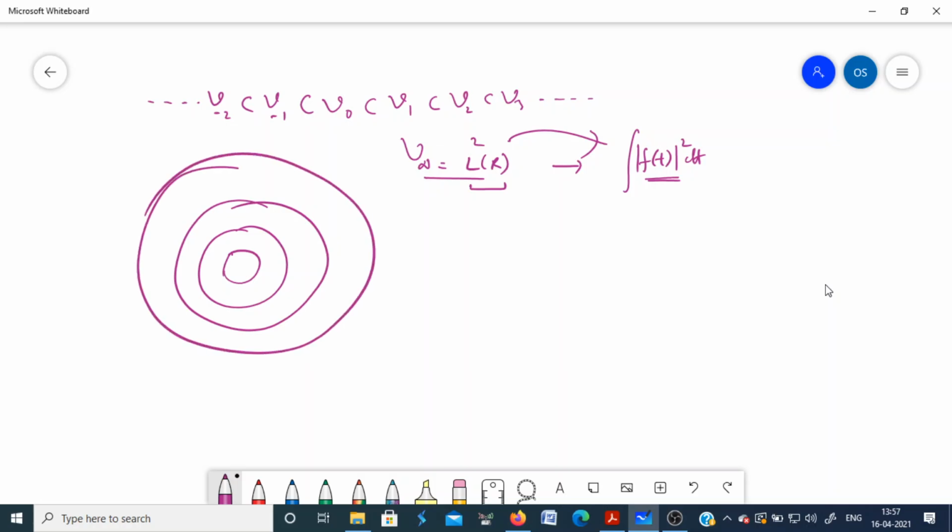So we have this space, this is suppose V0 and this is V1. So V0 is a subset of V1, then V1 is a subset of V2, and then V2 is a subset of V3. So this is V3, this is V2, this is V1, and this is your V0.